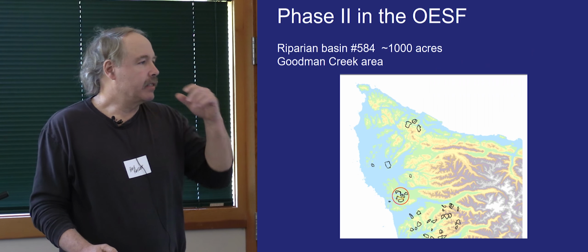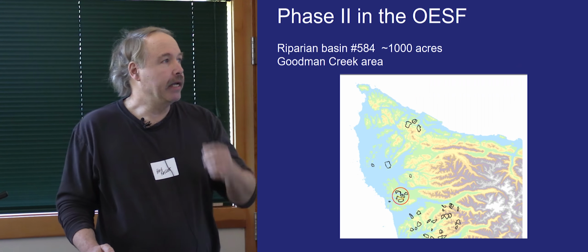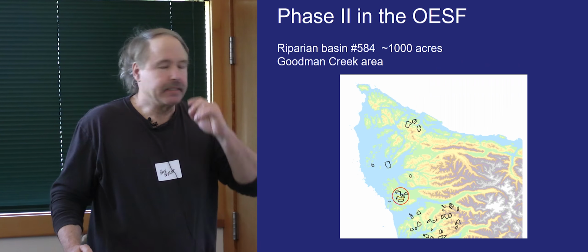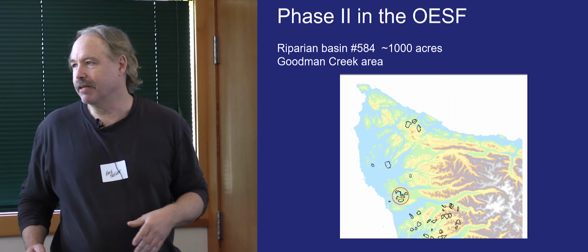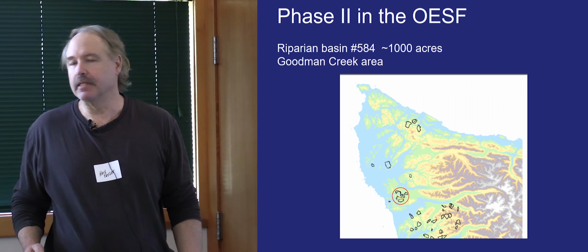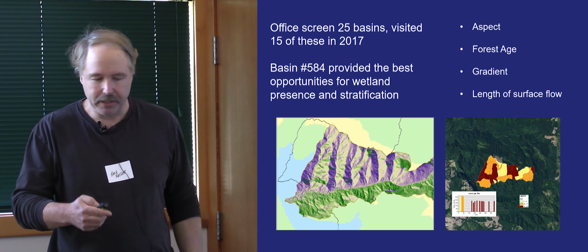So we're going to do this out in the OESF Basin 584 that we had talked about earlier, the thermally sensitive one. Easy access, it's only 20 minutes from Forks, and the road system up there is great. We can get to most points within the basin. It's all managed by Washington DNR.